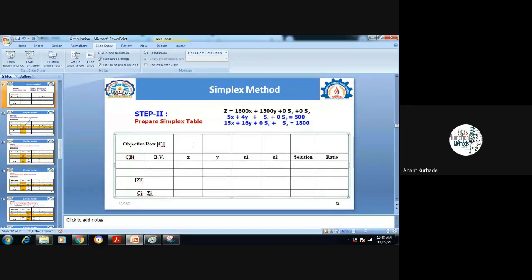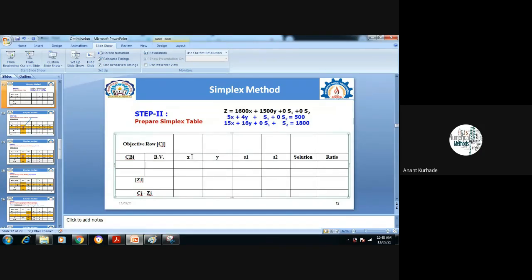What is that value? 1600. So see here, x, y, s1, s2. So we have written here only the coefficient. Now above this, write down the coefficient of these variables from the objective function.